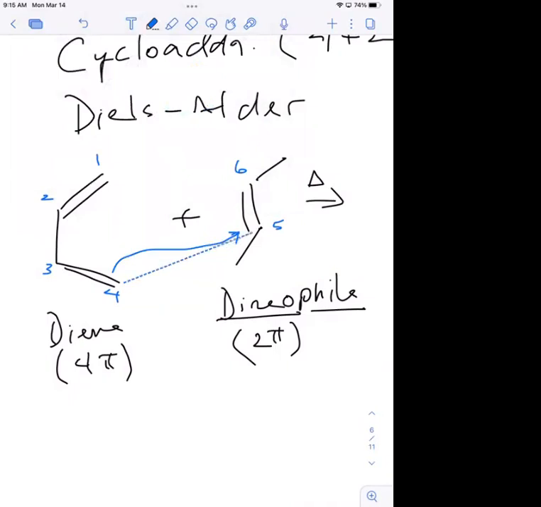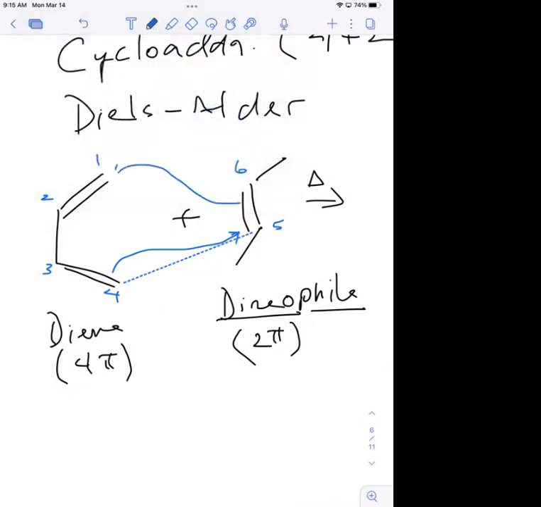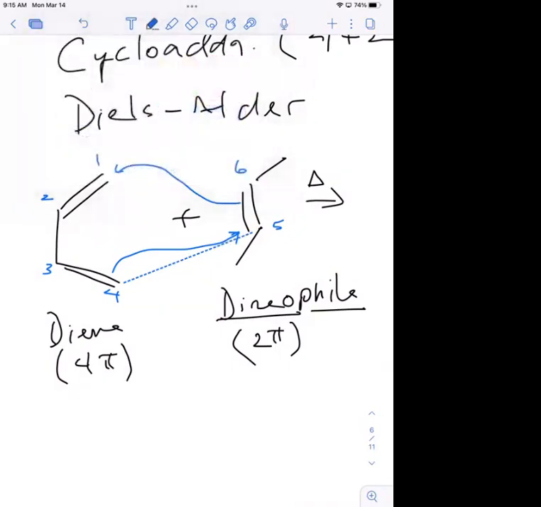And then that pair of electrons is going to get shared, so you're going to get a bond between 1 and 6. The numbering is arbitrary; you can number it however you want.